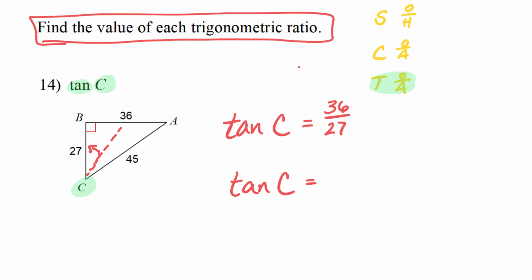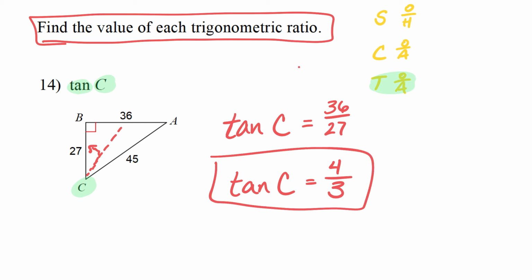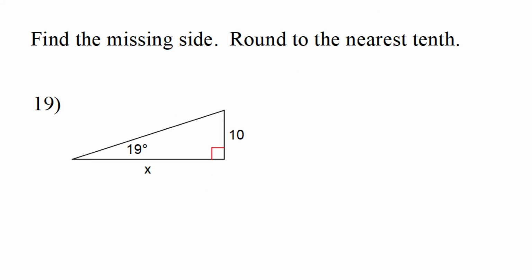So if I reduce this by a factor of 9, 36 would be 4, and 27 would be 3. Good news is you're not going to have 36 over 27 as a solution, so when you don't see it, hopefully that will remind you to reduce your value.